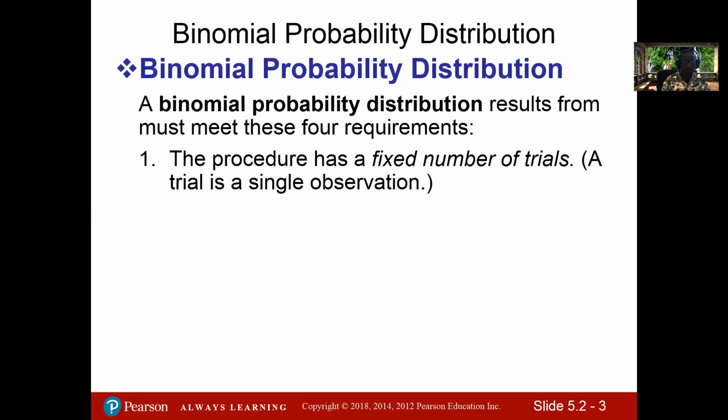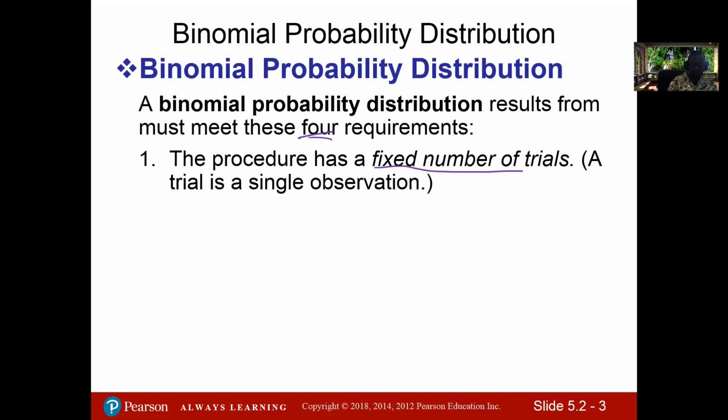So first, what is a binomial distribution? What's a binomial random variable? It has some characteristics, and there are 4 of them that we need to know. When you define your random variable X, what are the criteria? The procedure, that experiment, has a fixed number of trials.